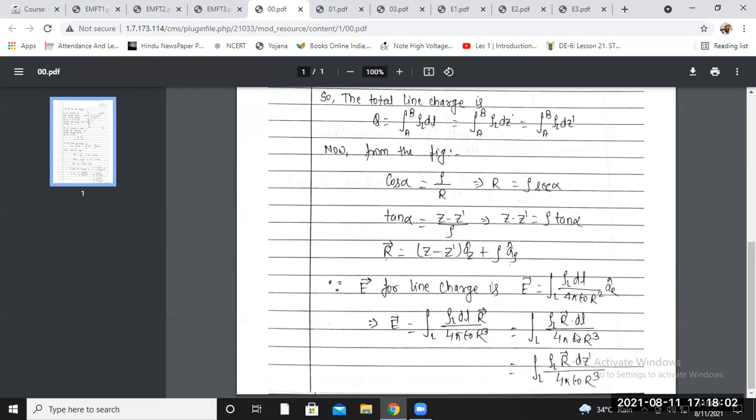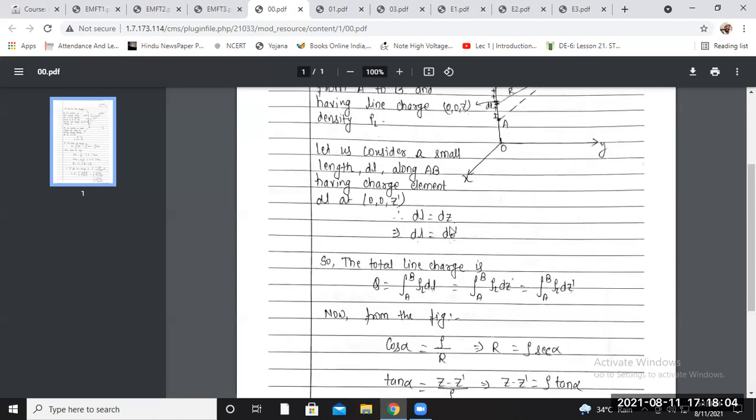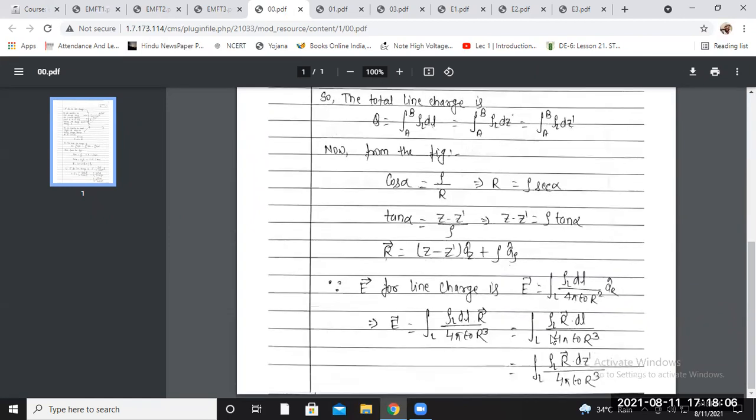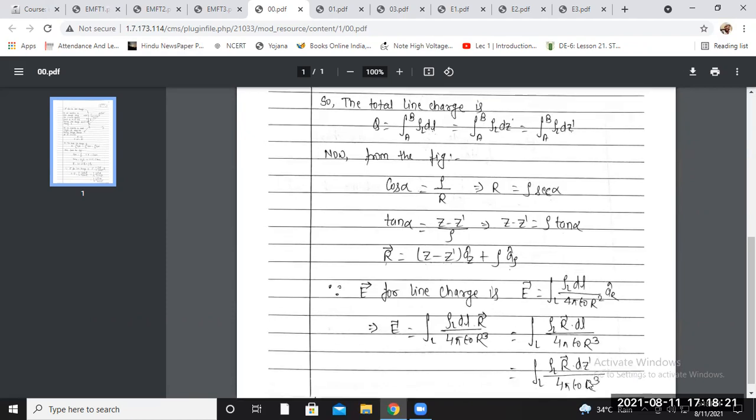Then this dl is replaced with dz dash. So up to this, there is no confusion. The electric field intensity is equal to the integration over the length of rho l vector R dz dash divided by 4 pi epsilon naught R cube.